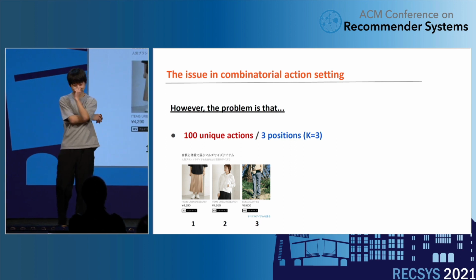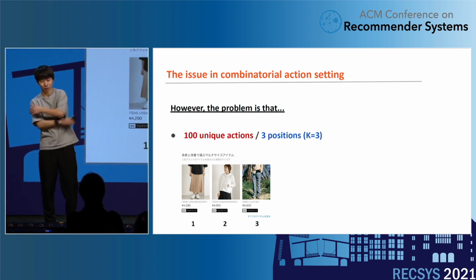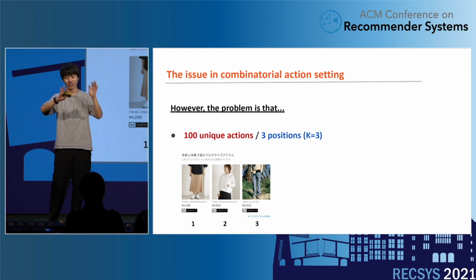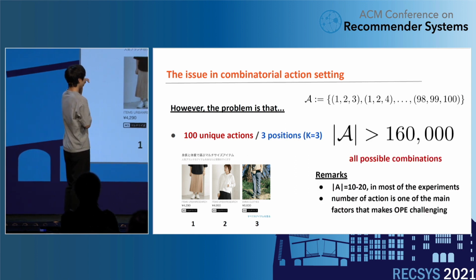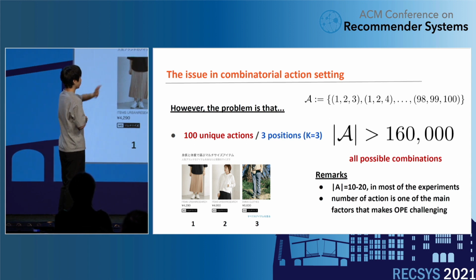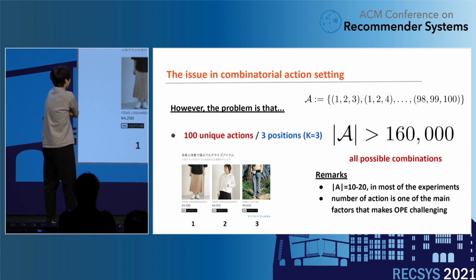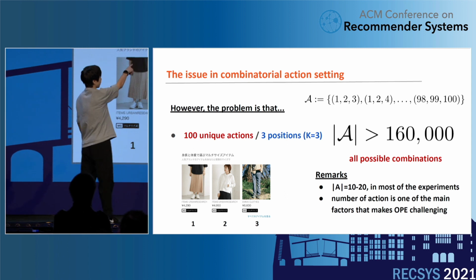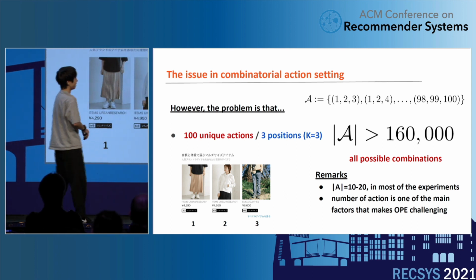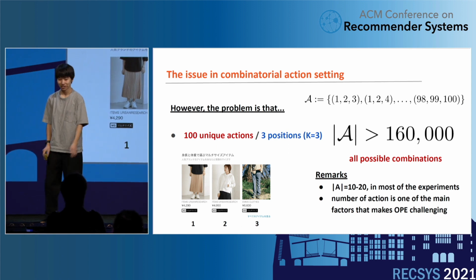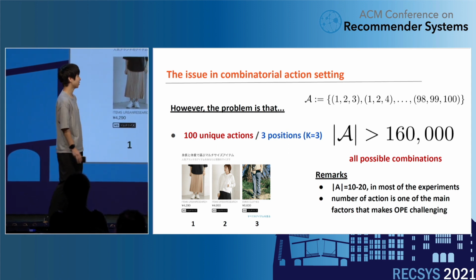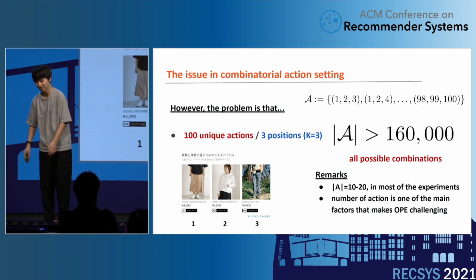Can you guess what's going to be the number of all the possible combinations of the 3 actions for this setting? And the result is over 16,000. That's all the possible combinations in this setting, and the resulting number is over 16,000.